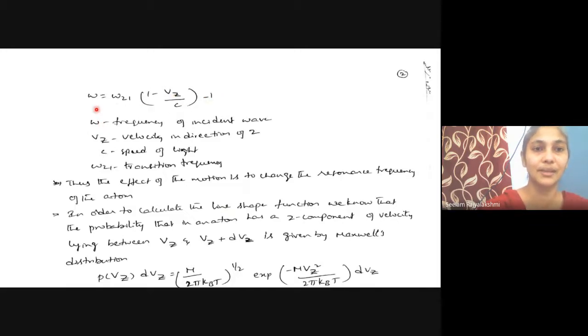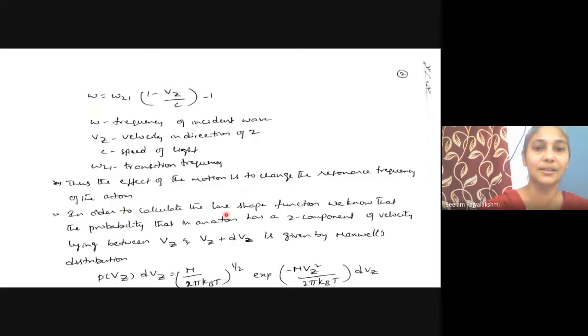Here omega is the frequency of the incident wave, Vz is the velocity in the z direction, c is the speed of light, and omega 21 is the transition frequency. Thus the effect of the motion is to change the resonance frequency of the atom.